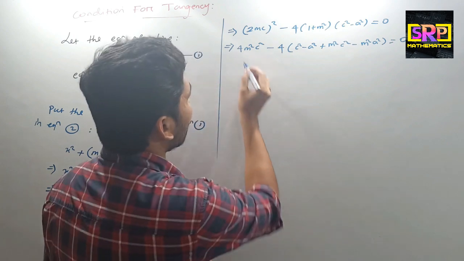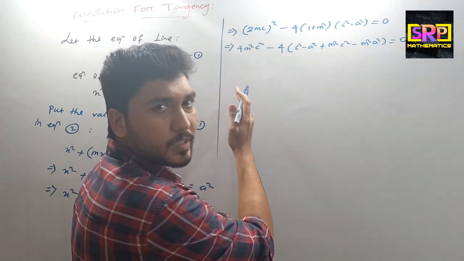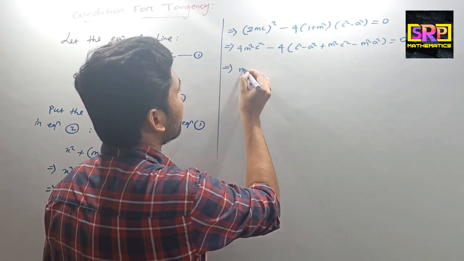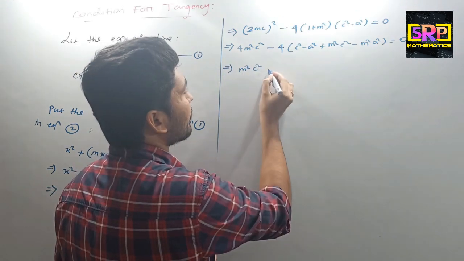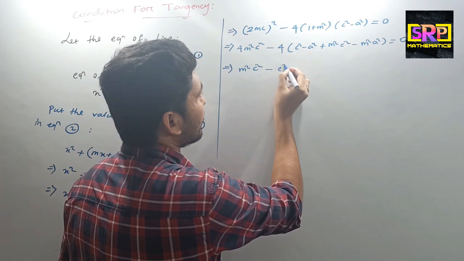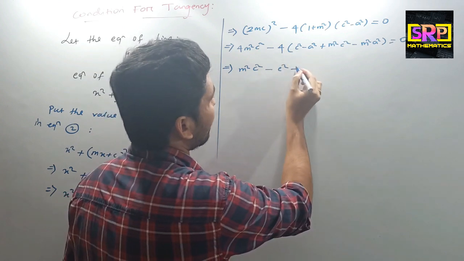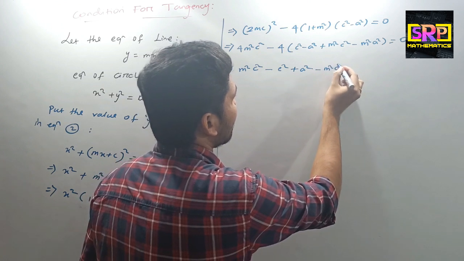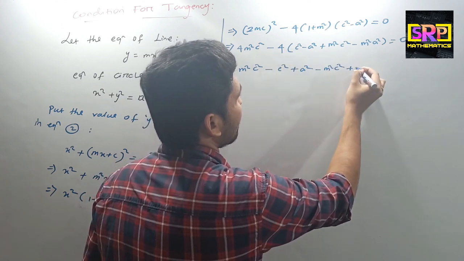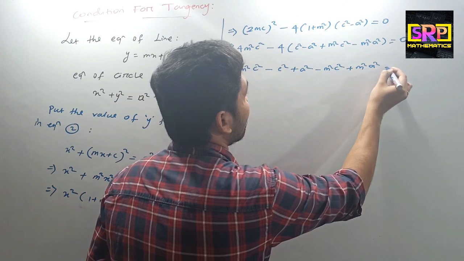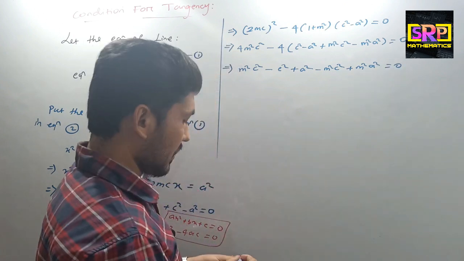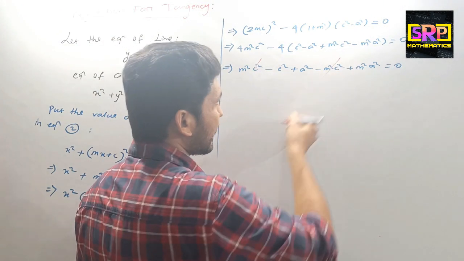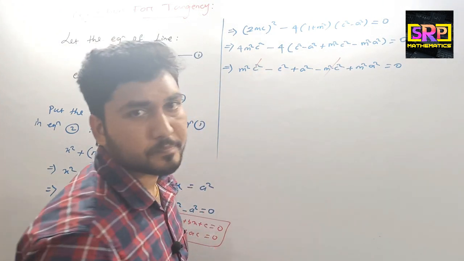Clear? Now 4 and 4 we can take outside common and divide, it will become 0. Now this will be m square c square minus c square plus a square minus m square c square. This will become plus m square a square is 0. And if you see here, our m square c square is getting cancelled, right?